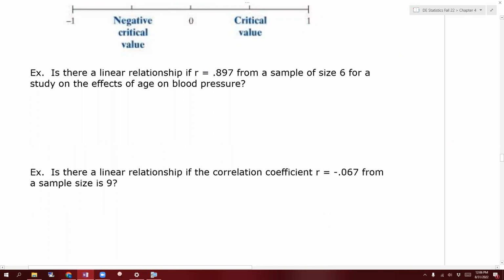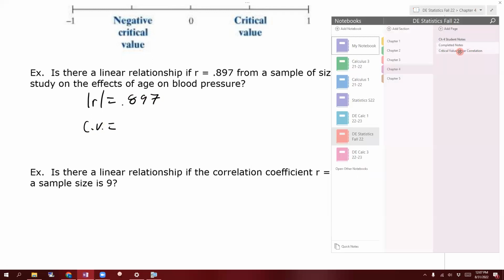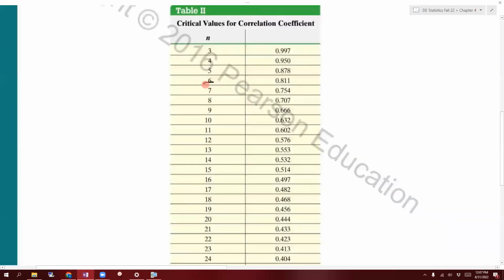So is there a linear correlation coefficient if our R value is 0.897 and our sample size is 6? So step one, find the absolute value, 0.897. And next we need to find our critical value. So we go to our table. We look at 6. It has a critical value of 0.811.